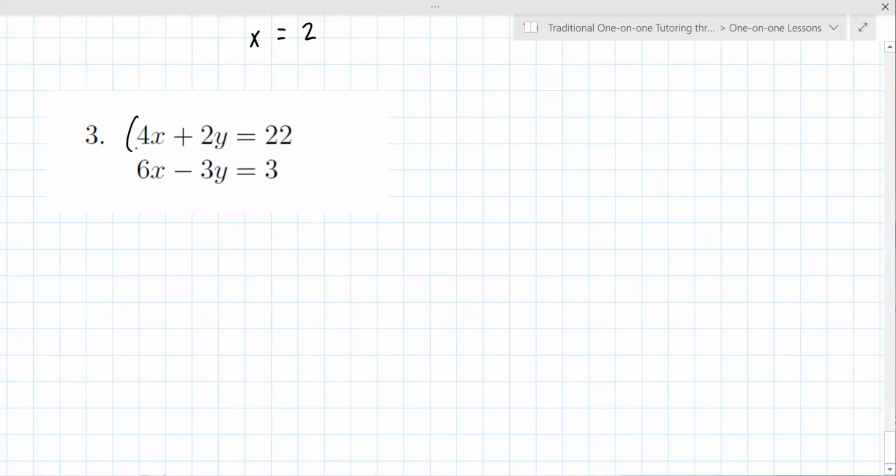All right, if you haven't done this, you're going to multiply the first equation by 3 and the second equation by 2.